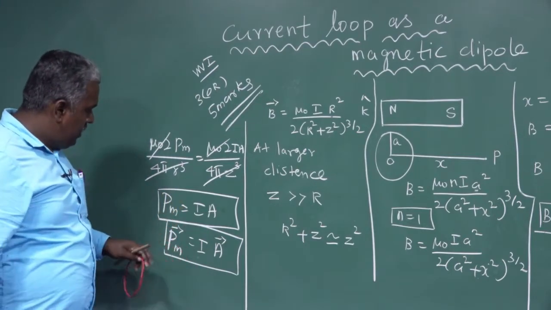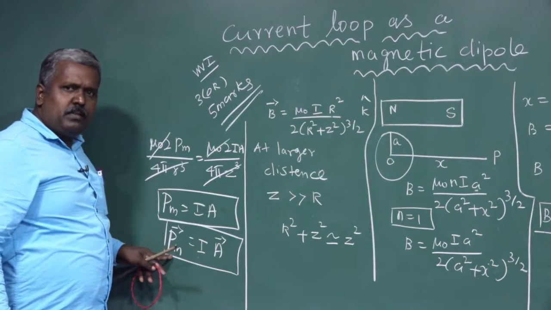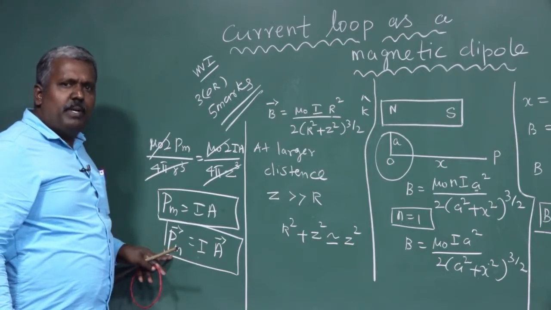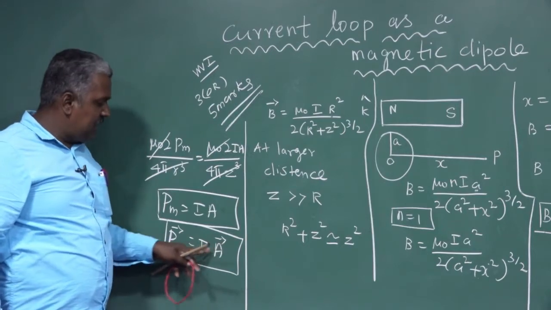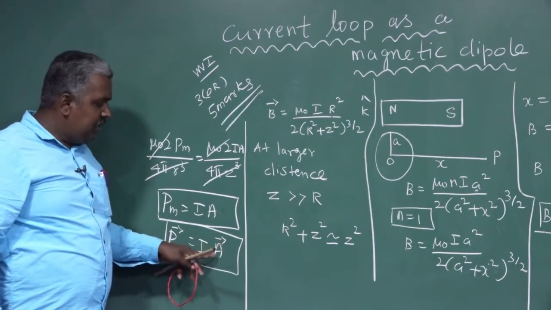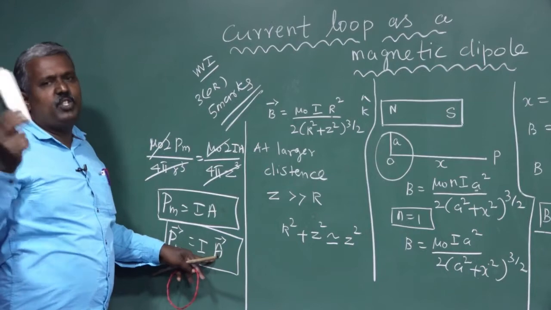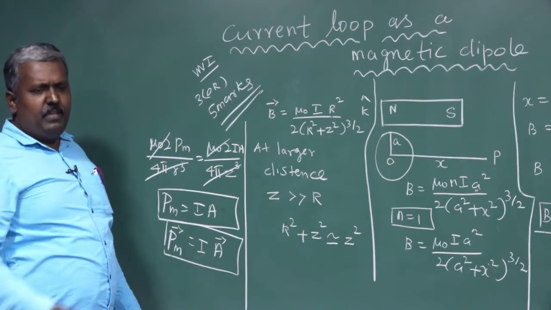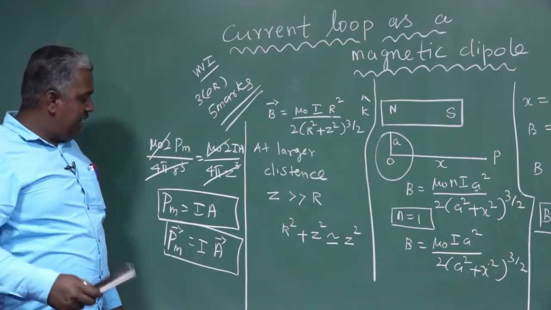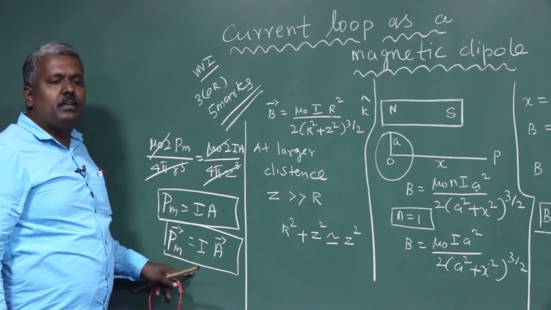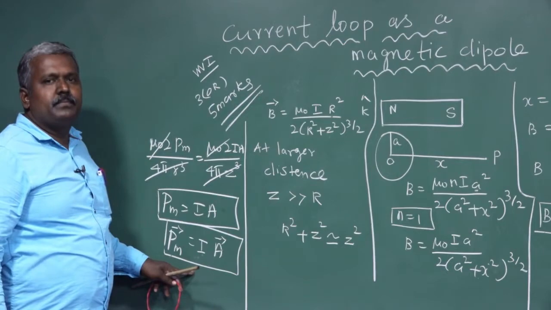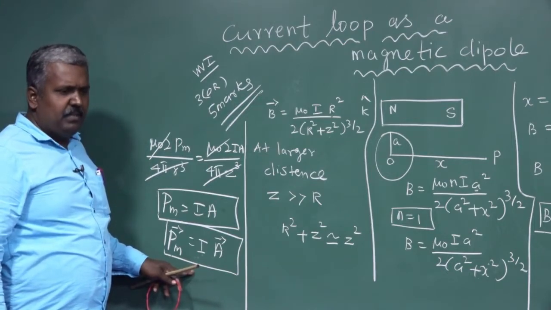So how do you define this? The magnetic dipole moment of any current loop is equal to the product of current and area of the loop. That's all. Come and tell me, how do you write the definition of magnetic dipole moment when asked in your examination? Yeah, tell me yourself.